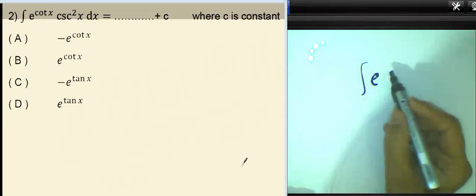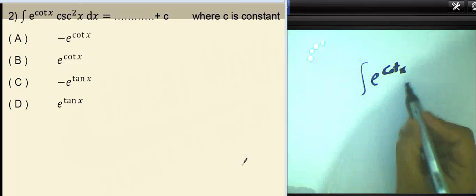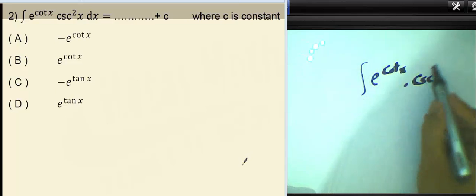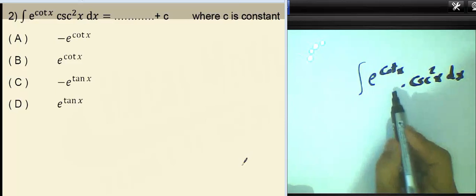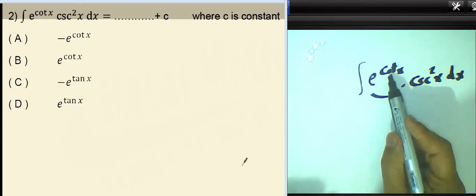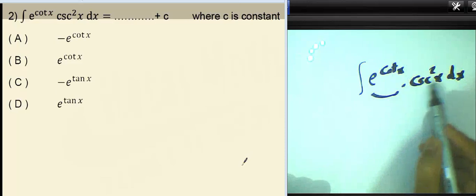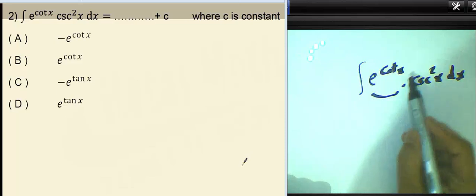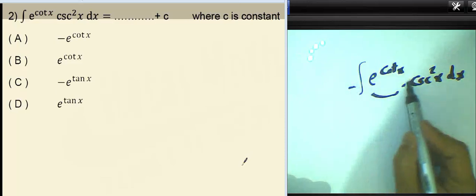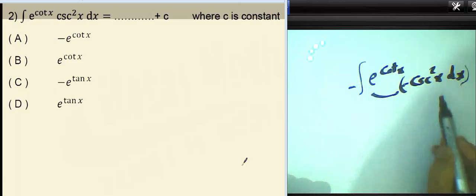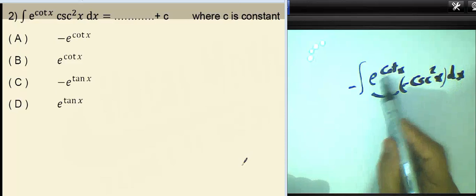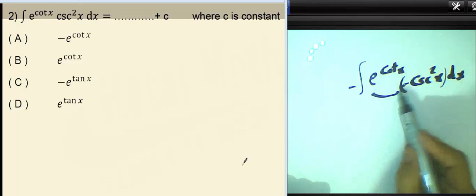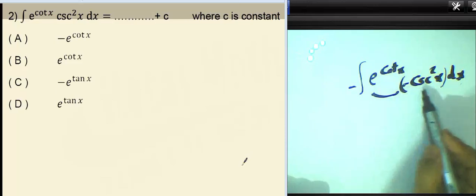Question number 2, integration of this function: e power cotan x multiplied by cosec power 2 x dx. We know for this function e power cotan x, the derivative of the power will be negative cosec power 2 x. Then we must multiply by negative here and negative. Then the function will be e power cotan x multiplied by the derivative of the power, which is negative cosec power 2 x.